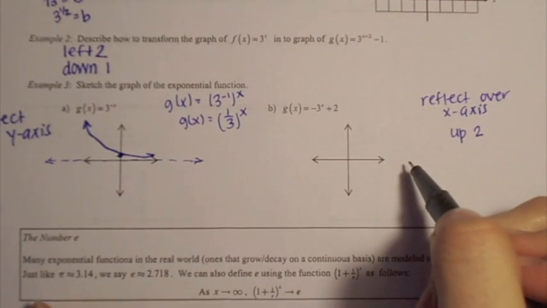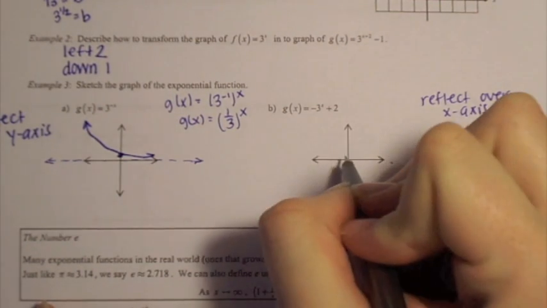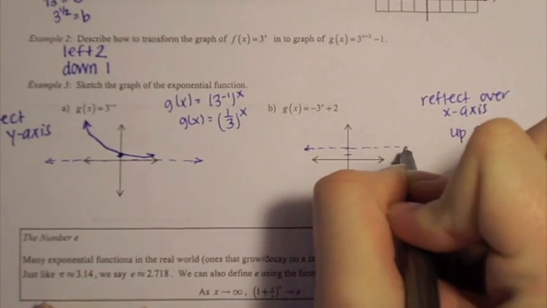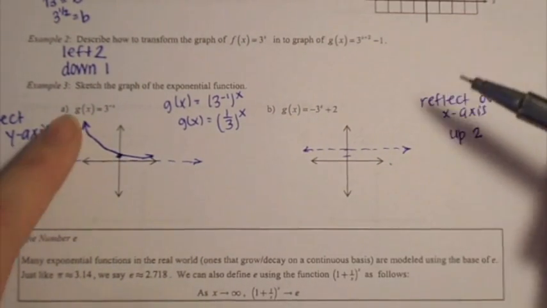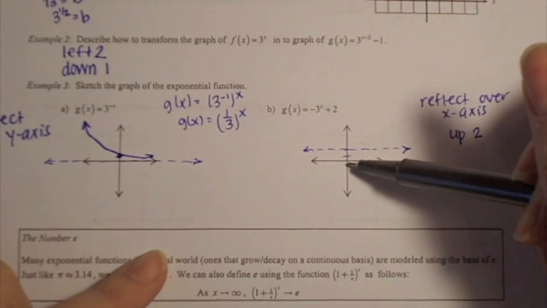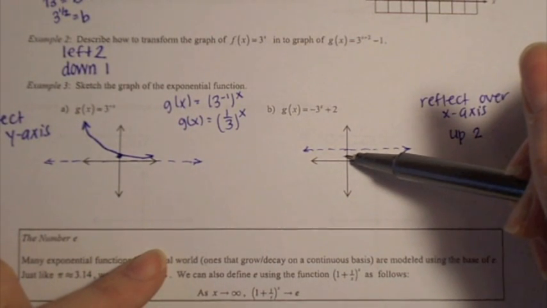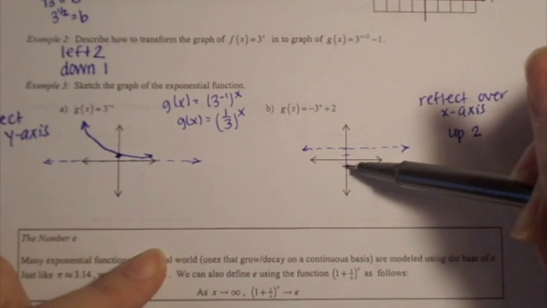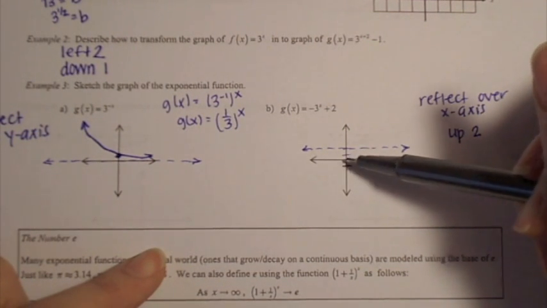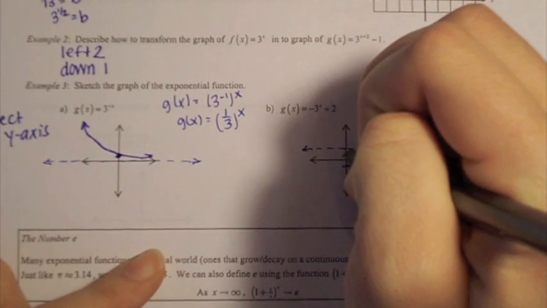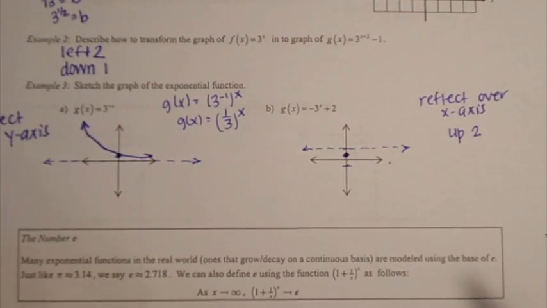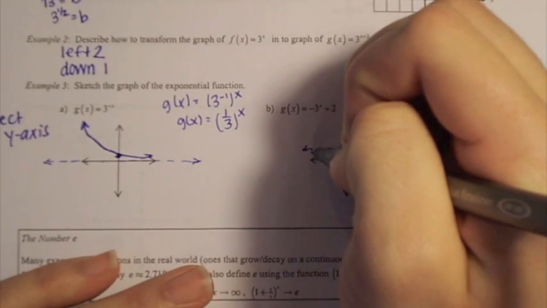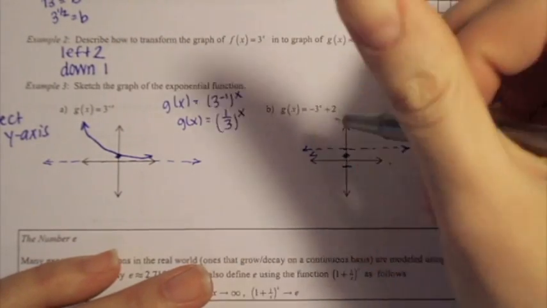When we reflect over the x-axis, it doesn't move. Then we move it up 2. And we start with the point 0, 1. We reflect it over the x-axis to get 0, negative 1. And then we'll move it up 2. We end up back at the same place. So here's our point, and we know our function will look like this.